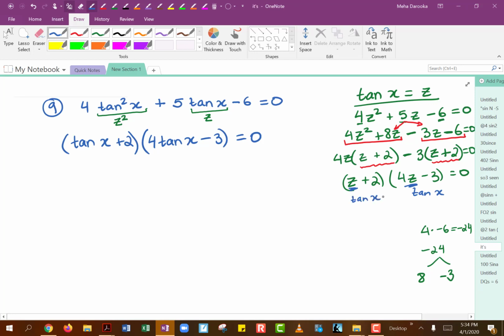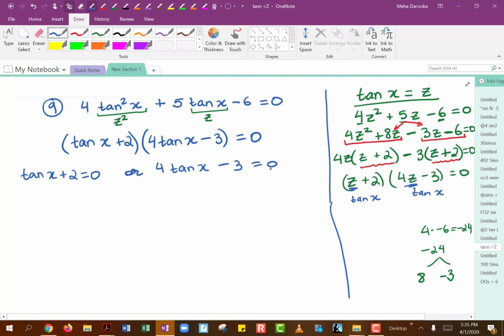Alright, then remember, at this point you just take each of your factors, set it equal to 0. So this was all of our scratch work here. Okay, so I'm going to take tangent of x plus 2, set it equal to 0, or 4 times tangent of x minus 3, set that equal to 0.